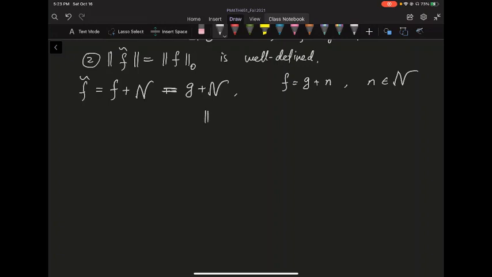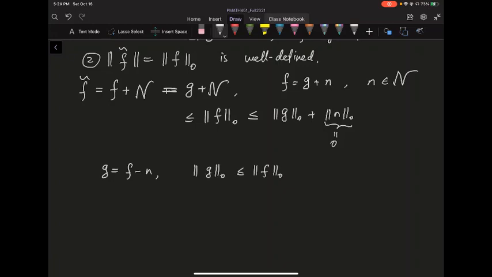All right, so one direction is fairly simple. The semi-norm of f, by the triangle inequality, is less than or equal to the semi-norm of g plus the semi-norm of n, but the semi-norm of n is equal to 0, so it's bounded above by the semi-norm of g. In the other direction, you can do something similar. Here g equals f minus n, so the semi-norm of g is less than or equal to the semi-norm of f plus the semi-norm of minus n.